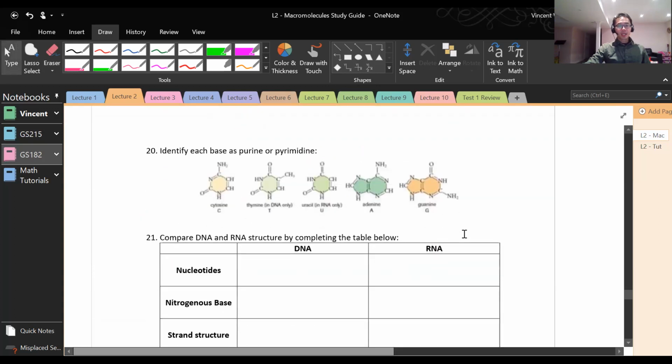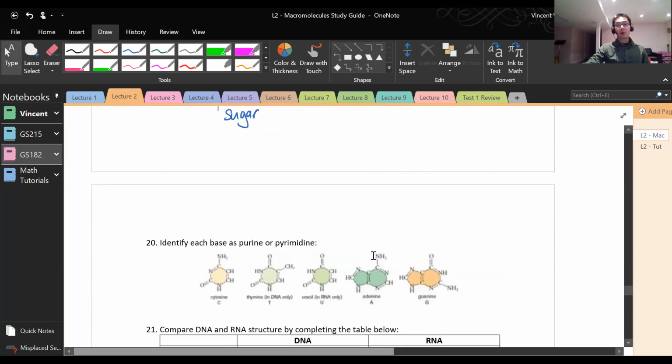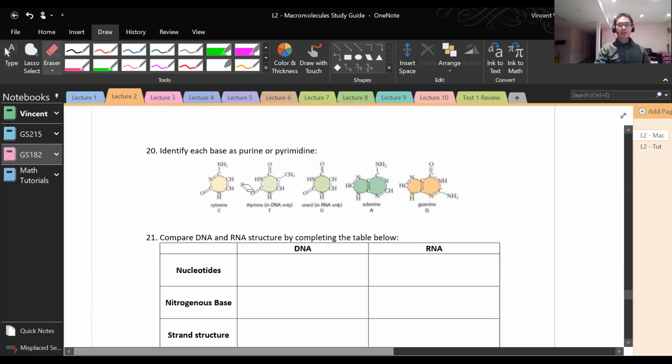Now the nucleotide comes in different forms, right? It could be A, C, G, T for DNA, and A, G, C, U for RNA. And we can actually separate the nitrogen bases as either purines or pyrimidines. Pyrimidines are these three: cytosine, thymine, and uracil.